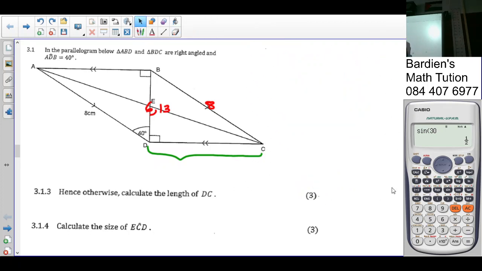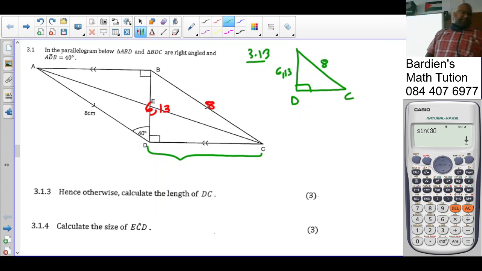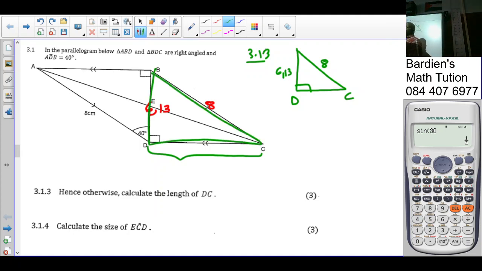Why? Because if you look, you have a triangle here. You have 90 degrees, this DC, you've got 6,13, which you've calculated from the previous one, and then you've got 8. Do I have to draw these triangles all the time? No. I'm just highlighting to you what you should be seeing. Okay? You all okay with that?